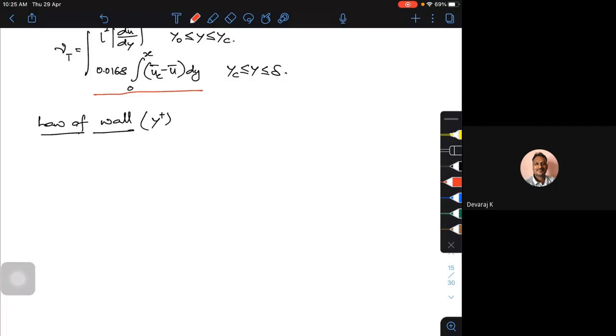Suppose I have a flat plate or maybe any surface. On this there is a boundary layer, and the free stream velocity flows with some value, rho infinity or whatever it may be. Now there is something critical called the wall shear stress.